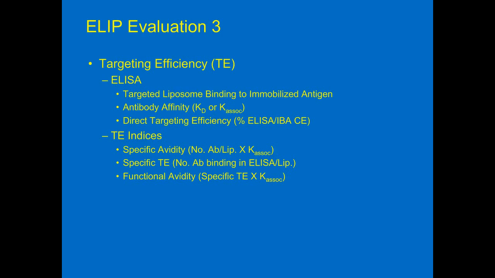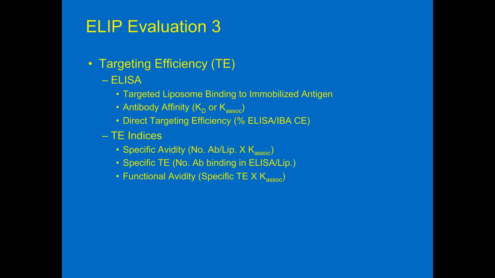the ELISA. And the ELISA actually is very similar to the physiologic situation in the sense that we are measuring the antibody that is conjugated to the whole liposome, and then that is actually binding to the antigen molecules on a surface. So that is fairly close to the physiologic situation.